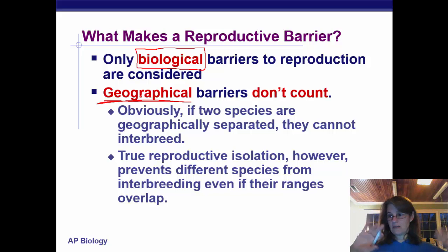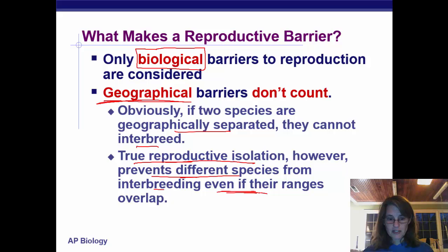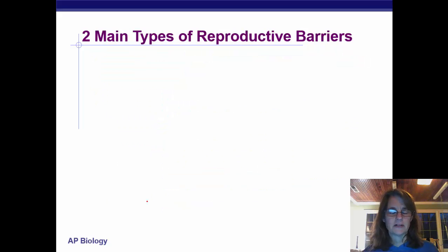We can't just say because we're going to put a fence between you and you can't breed, therefore you're two different species. Obviously if two species are geographically separated, they can't interbreed, but true reproductive isolation prevents different species from interbreeding, even if their ranges overlap. So we could even put these guys together and they still wouldn't successfully interbreed.